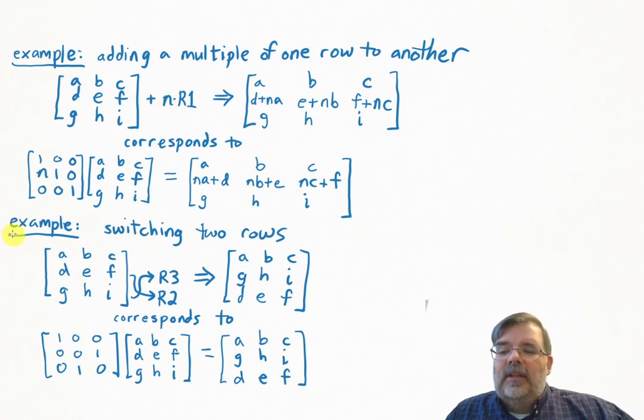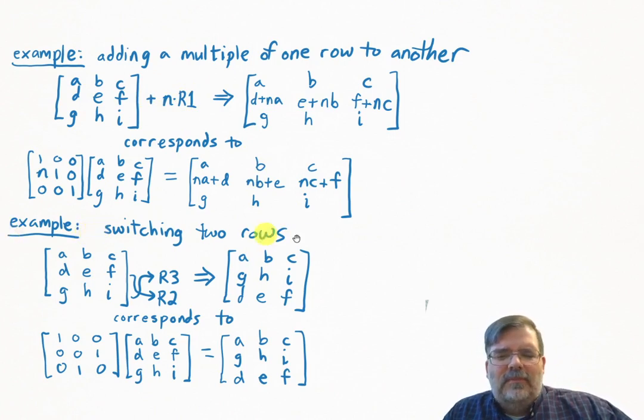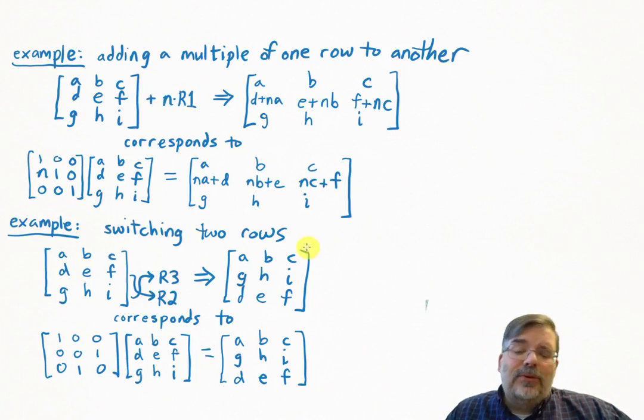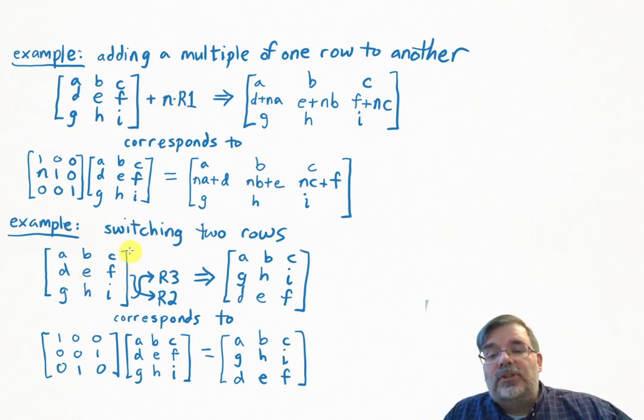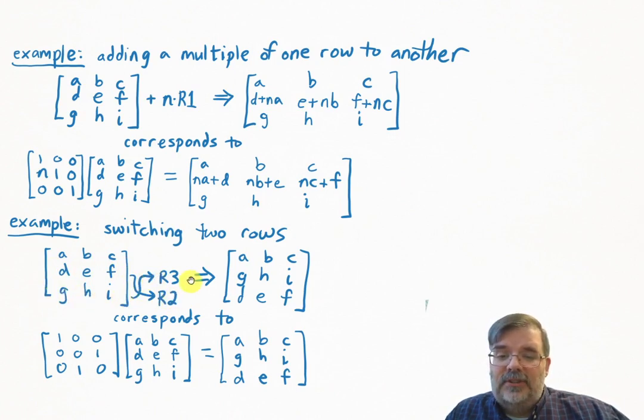And finally, one more example of a row operation, which we didn't really do very much of, but it is a valid row operation: you could just switch two rows of your augmented matrix. That corresponds to writing the system of equations in a different order. So for example, I could swap row 2 to the third position, and I could swap row 3 to the second position.